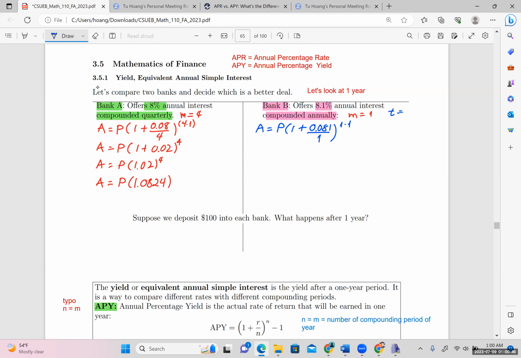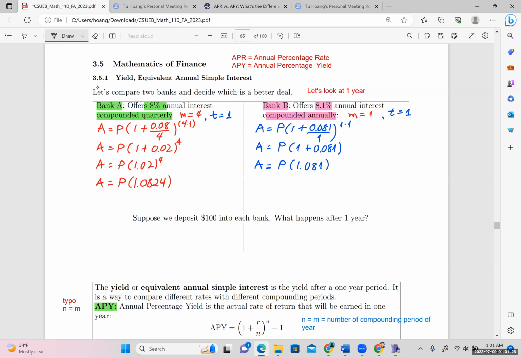So keep t equal to 1. Then I have A equals P times 1 plus 0.081 raised to the power 1. Raised to the power 1 is just itself, so I have A equals P times 1.081.